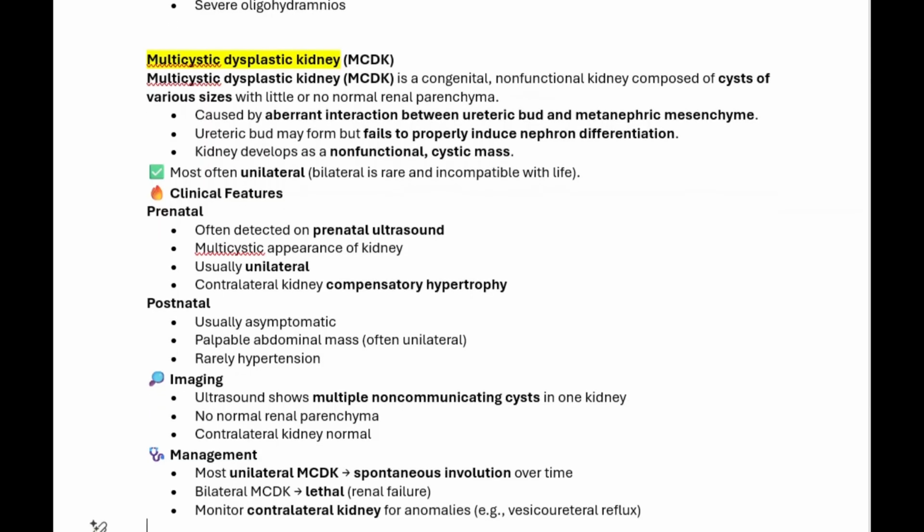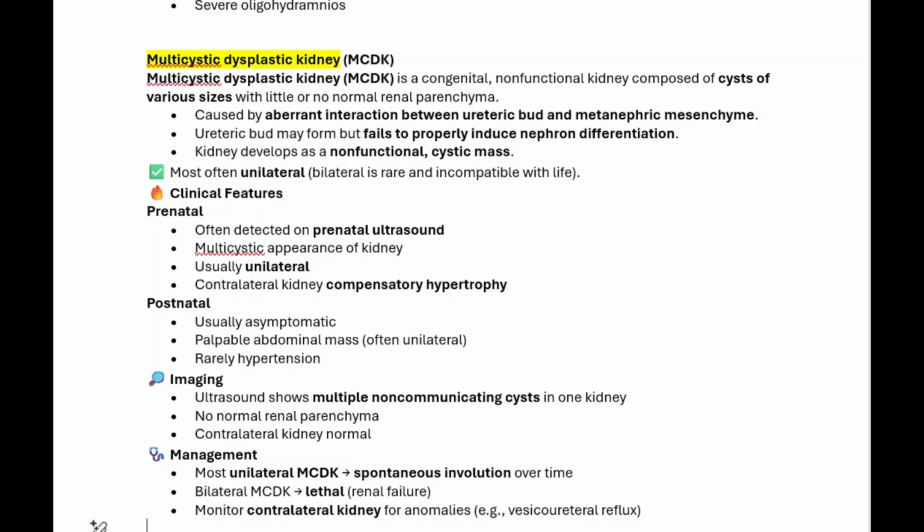When we look at the clinical findings in multicystic dysplastic kidney, it is often detected on prenatal ultrasound, where you see a multiple cyst appearance of the kidney, and it's usually unilateral, like we mentioned earlier. Because that cystic kidney is not working, the normal kidney is going to what? Hypertrophy, right? Because of the increased workload.